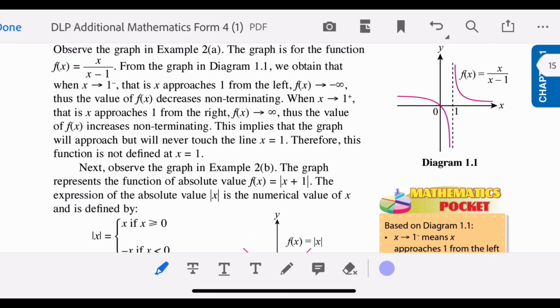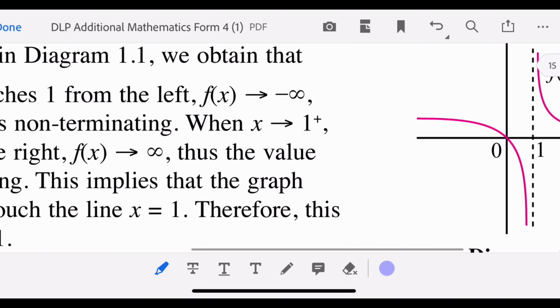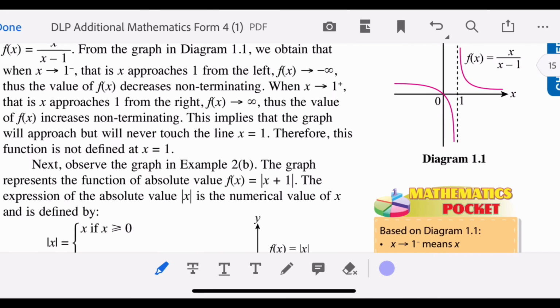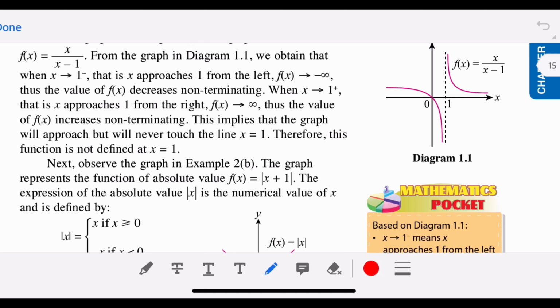Observe the graph in example 2a. The graph is for the function f(x) equals x over x minus 1. From the graph in the diagram, we obtain that as x approaches 1 from the positive side, it approaches non-terminating values.